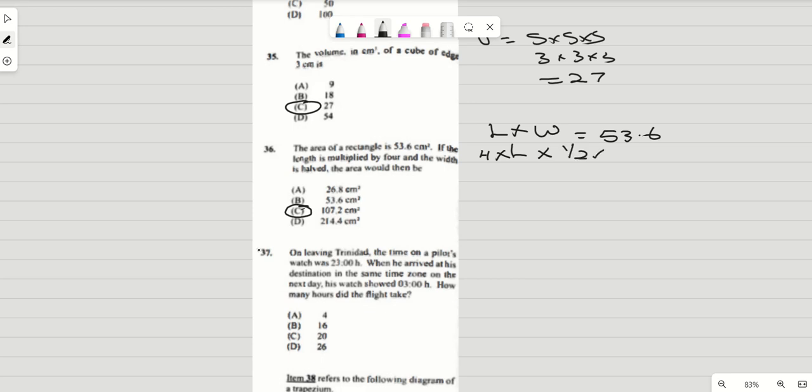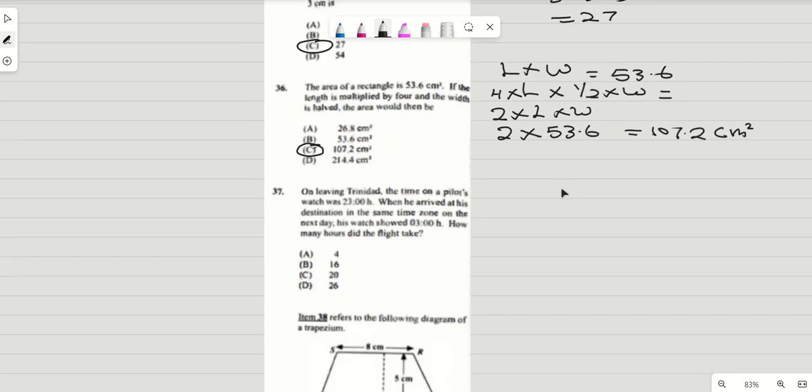A half multiplied by width, and 4 times a half is 2, times length times width. No, this is not equal to 53.6. Don't get confused, this is equal to the new area. We know length times width is 53.6, so that would be 2 times 53.6, which is 107.2 centimeters squared, and that would be your answer.